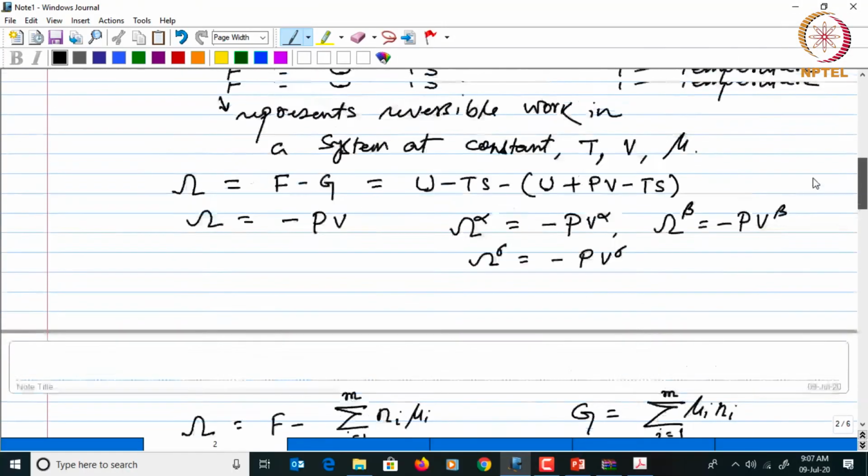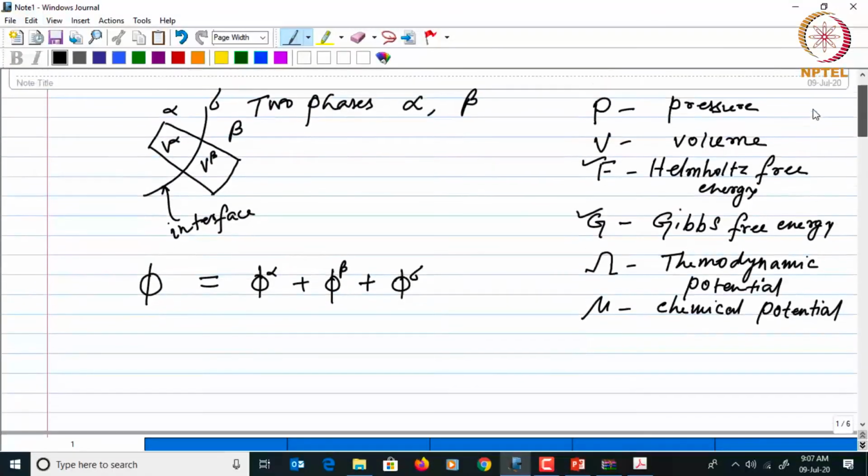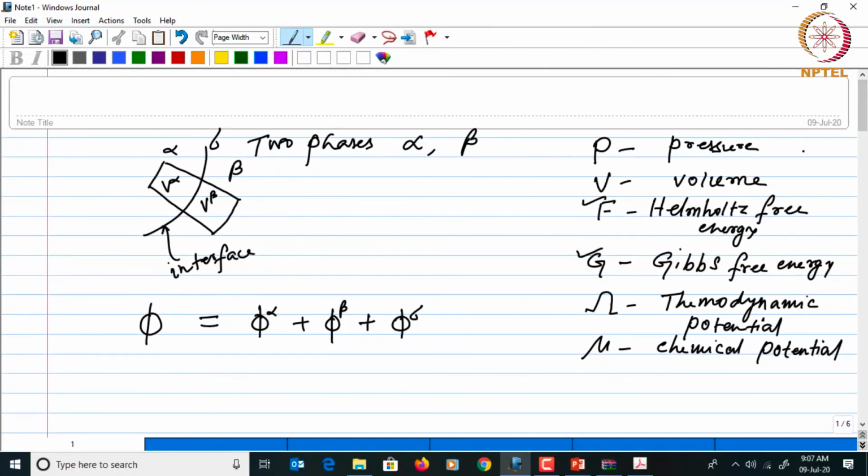So before we finish this, let us take a moment to summarize this lecture. So to summarize, we can say that the curvature has a role to play in the densification process that happens during sintering. So we can derive the pressure or the stress which is generated due to the curvature. So that is what is going to play a role in the densification process.